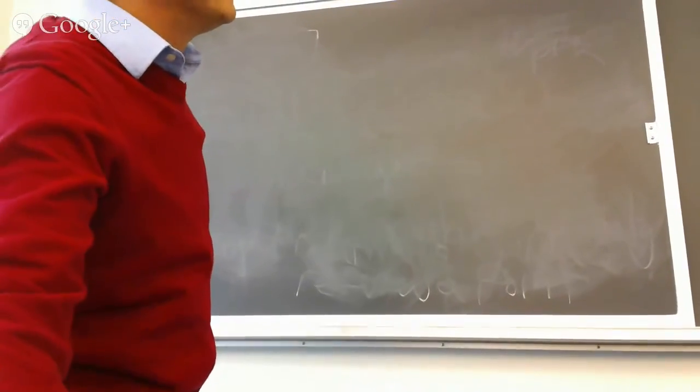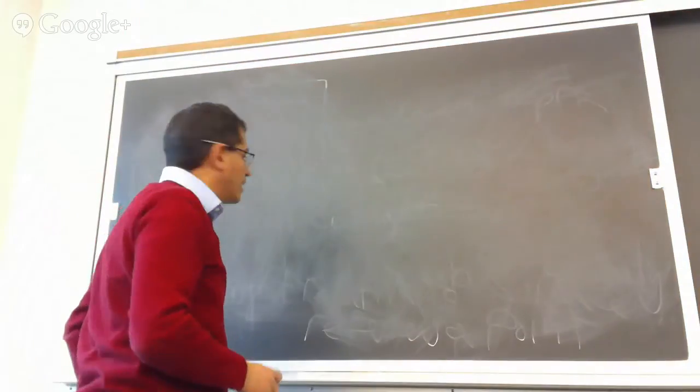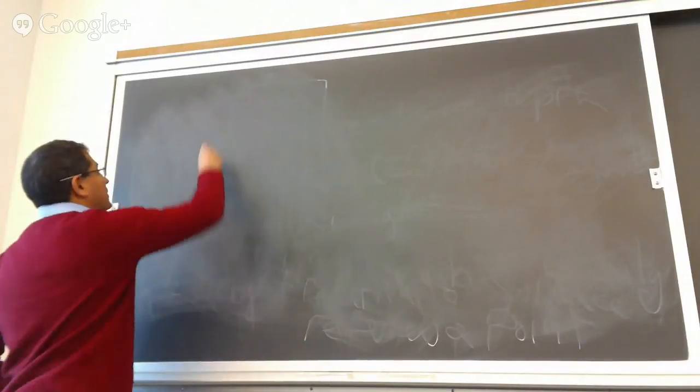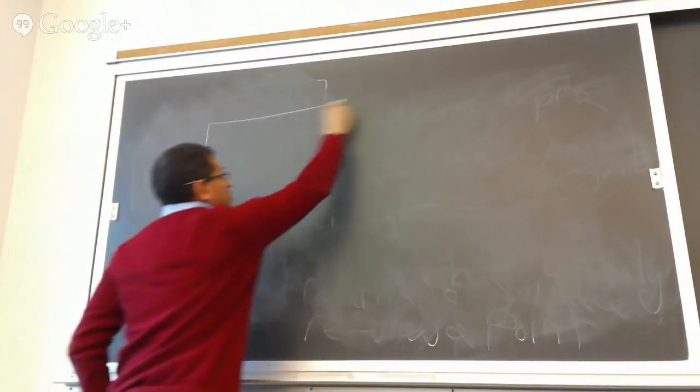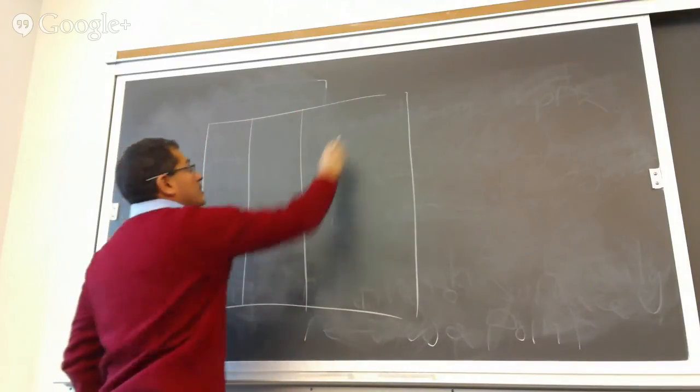So what grid systems do is that they break up the page into what looks very much like a table. So they break up the page into 12 equal parts.